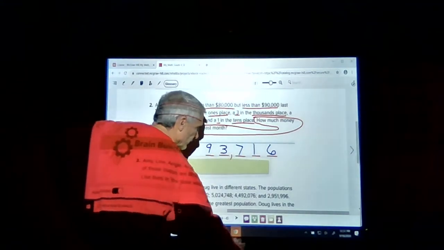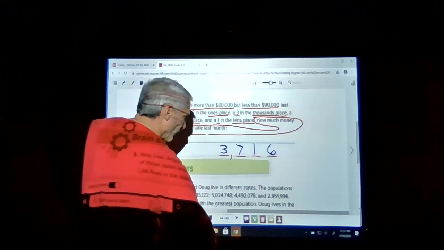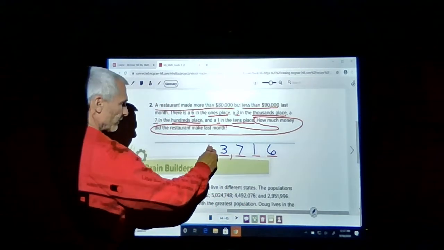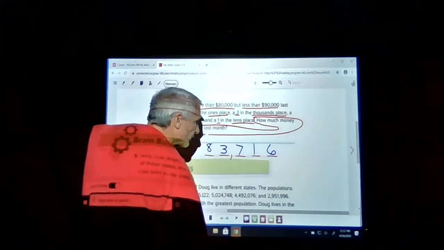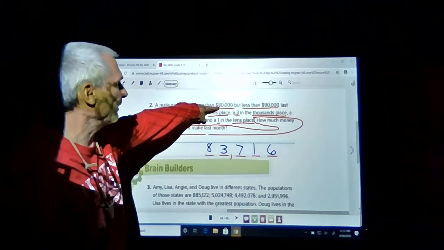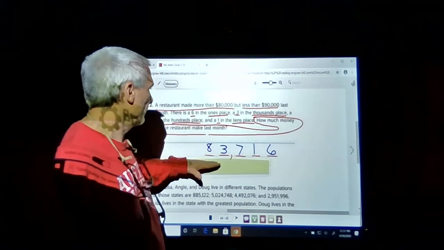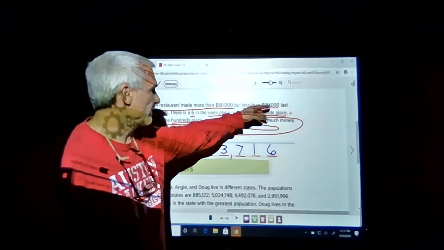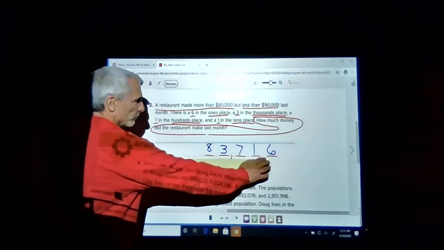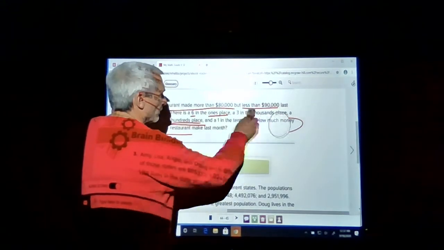No. What if I tried the 8? That's where we check. 83,000 is more than 80,000 and less than 90. We have our answer. So putting dashes for each of the digits is a really good strategy.